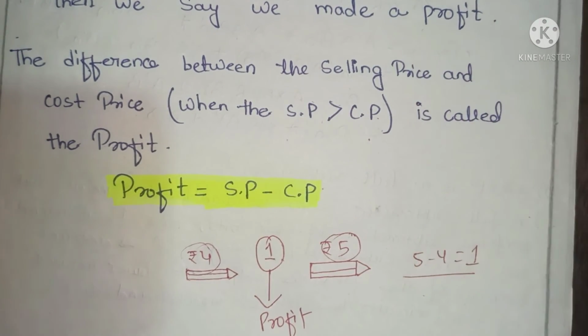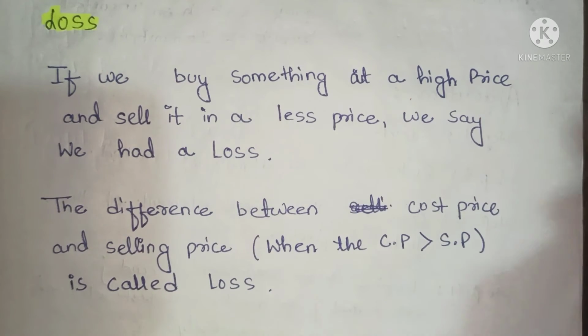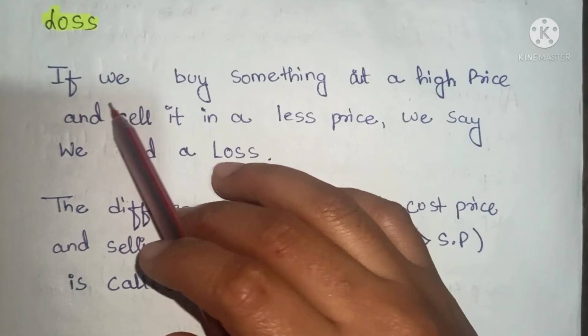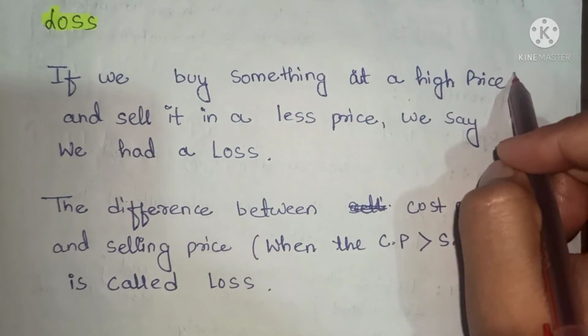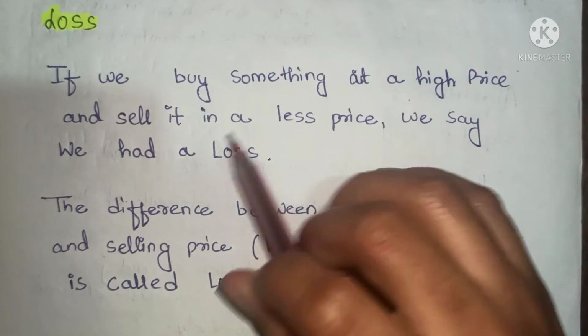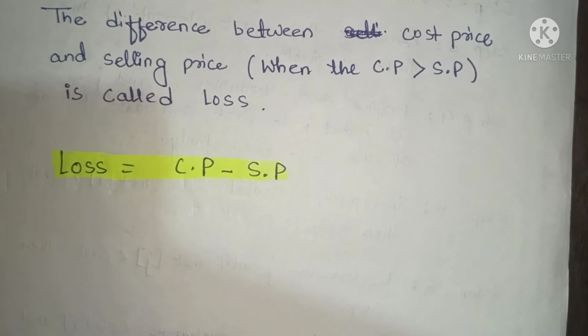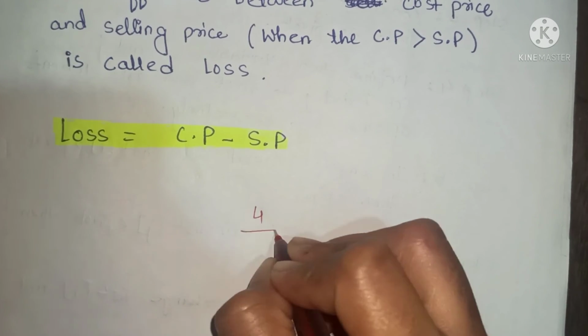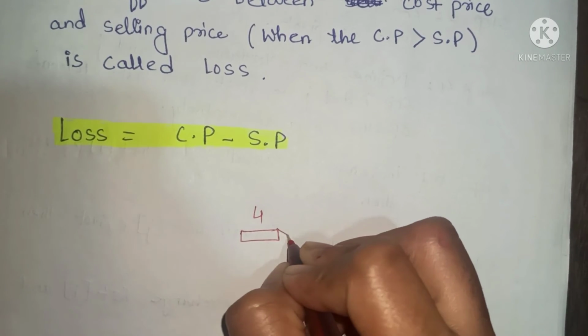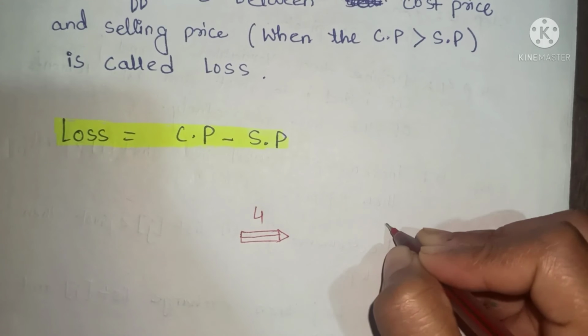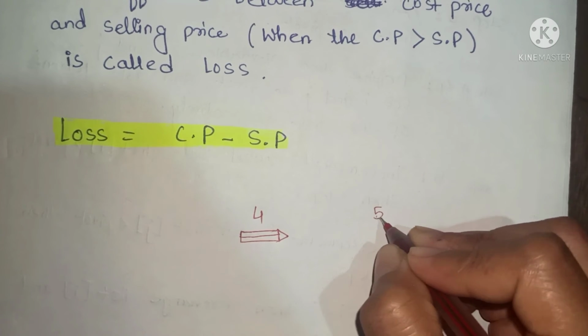Okay? Now let us see what is loss. If we buy something at a high price and sell it at a less price, we say we had a loss. So, for example, suppose I bought a pencil at 4 rupees. Now nobody is willing to buy the pencil at 5 rupees.